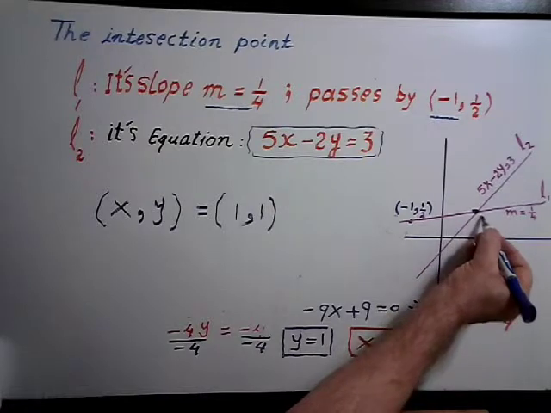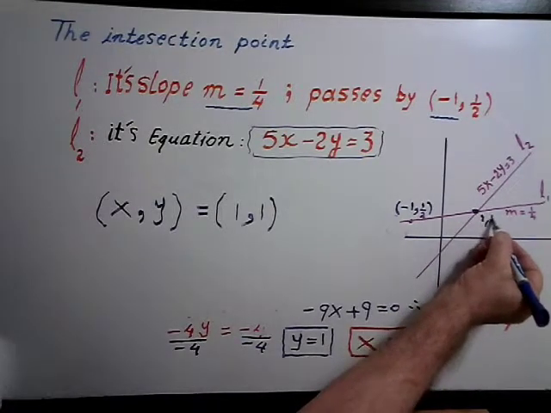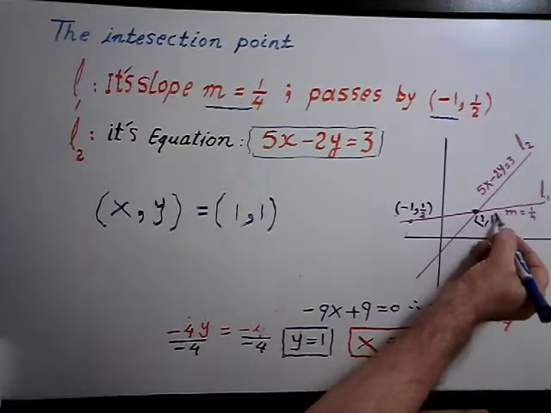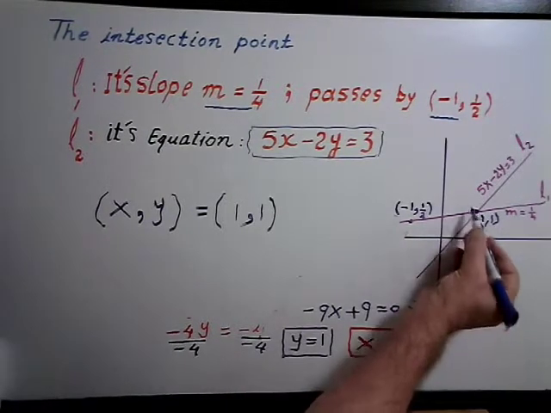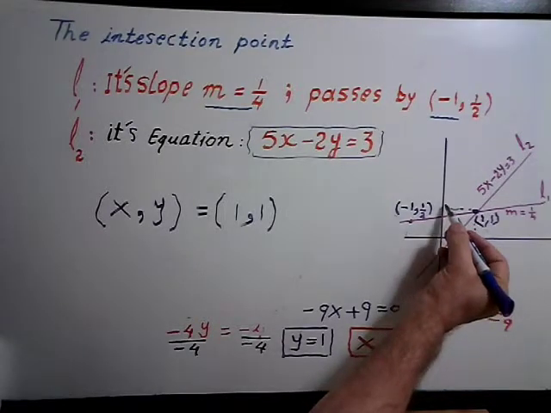Here is 1 and here is 1, the intersection point.